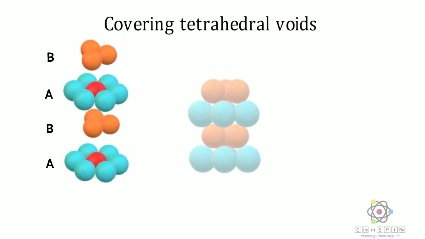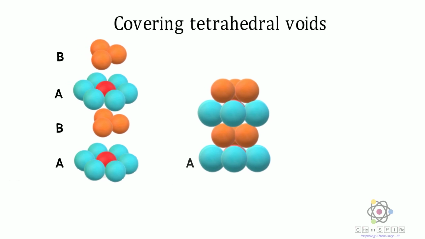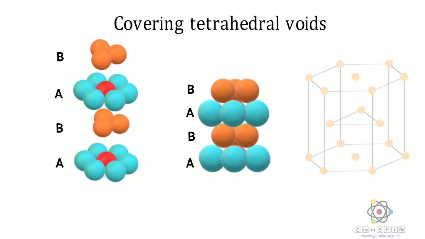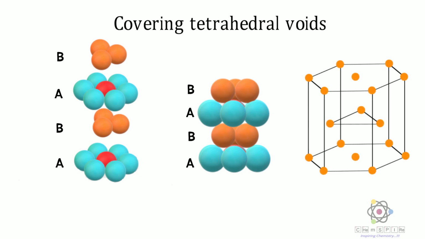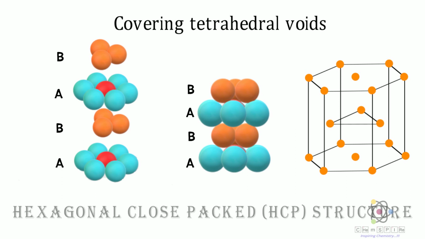In this type, each sphere is in contact with 12 other spheres, 6 from the same layer, 3 from the bottom and 3 from the top. Hence, the coordination number is 12 and the structure is called hexagonal close packed structure. Examples are magnesium, cobalt, zinc, etc.